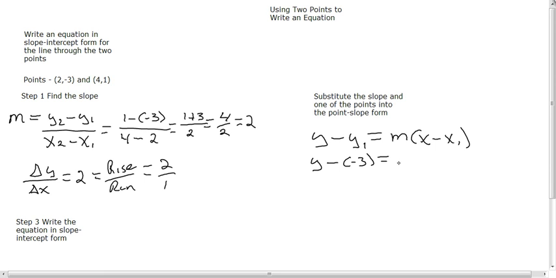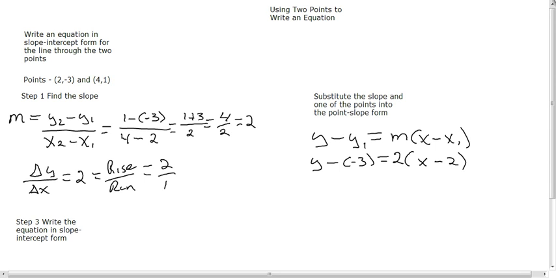Now, what's our slope? Okay, we solved for our slope, and our slope is 2. So 2 times, and again, we use a -3, so we're going to use 2 here. Okay, we're going to use 2, so that'll be x minus 2.